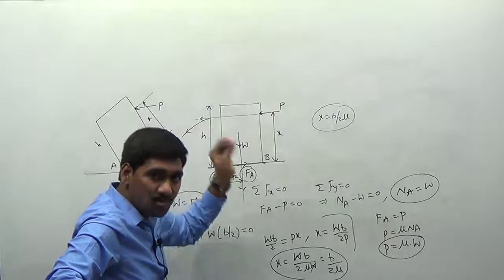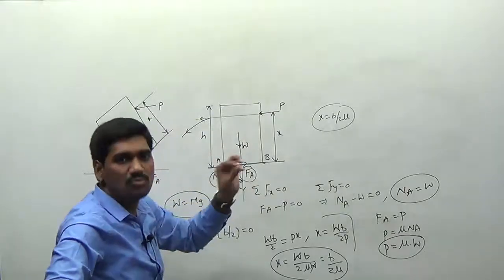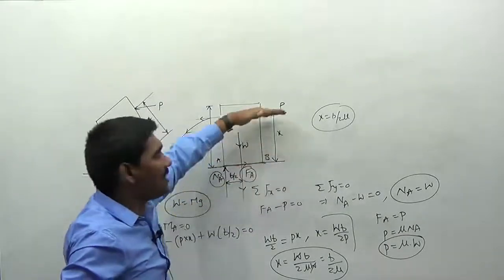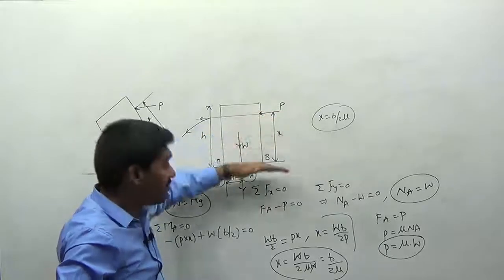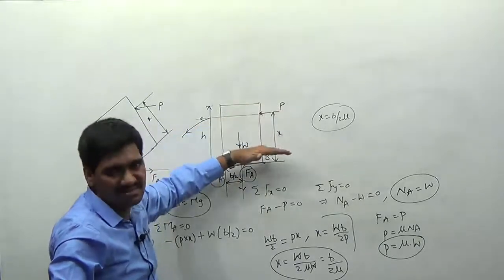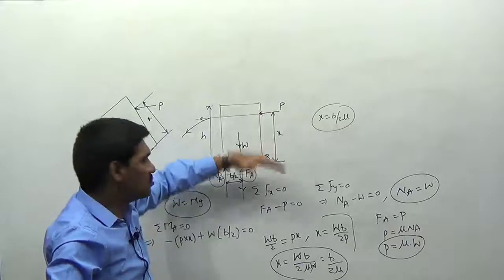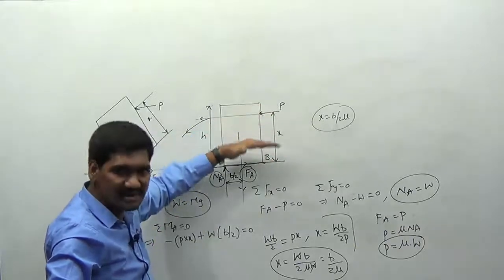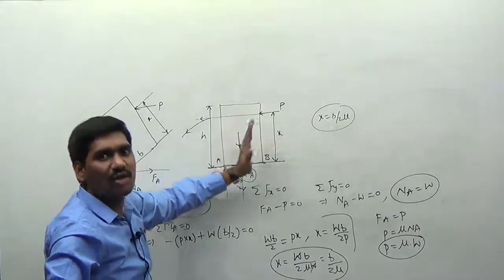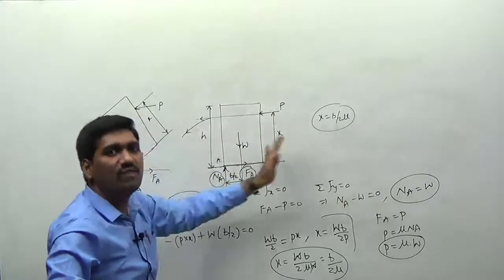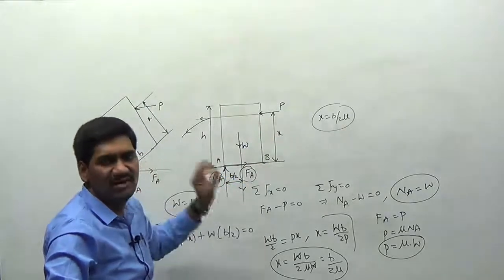Then we can draw a small conclusion: we should not apply the force P above 6 centimeters height. We should apply the force P below 6 centimeters height. Then the block will not tip over; it will only slide. That is a very, very important point.